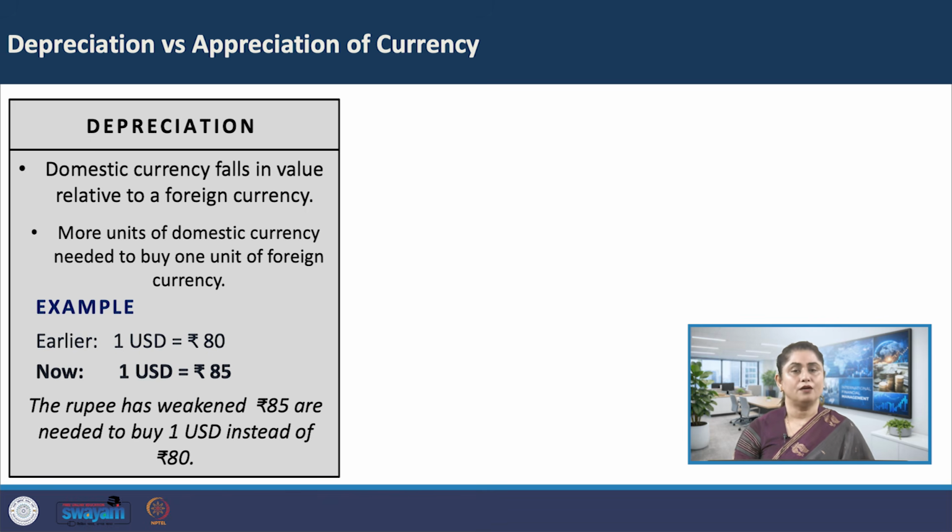First, $1 was equal to 80 rupees. But after some time, $1 becomes equal to 85 rupees. This means the rupee has depreciated. You now need more rupees, that is 85 instead of 80, to buy $1. The rupee has become weaker.